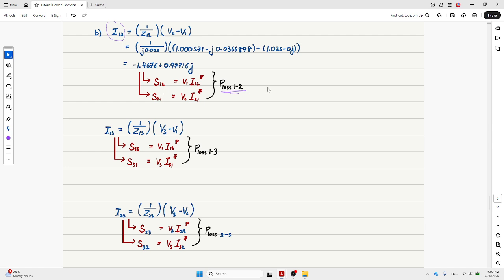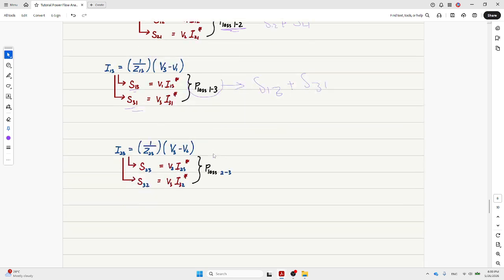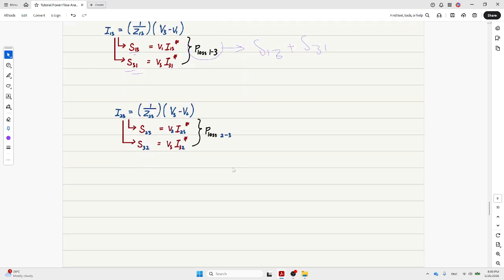So you have to add up S12 plus S21. Then for the line 1 to 3 means connected between 1 and 3, 1 over Z13 V3 minus V1, and you calculate S13 S31, and then you can find out the losses between bus 1 3, the same things, S13 plus S31, the losses of bus 1 3, and 2 3 also in the same way.